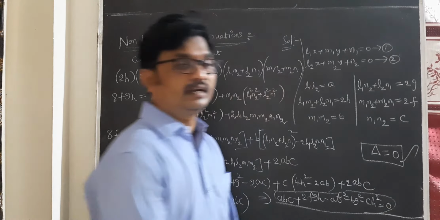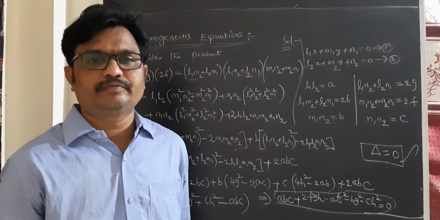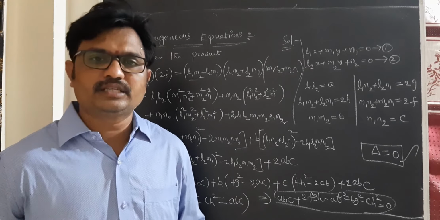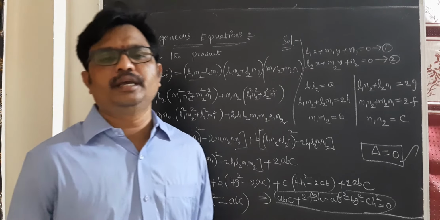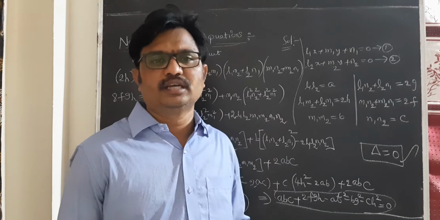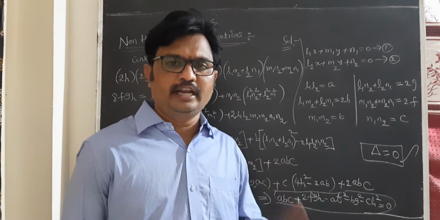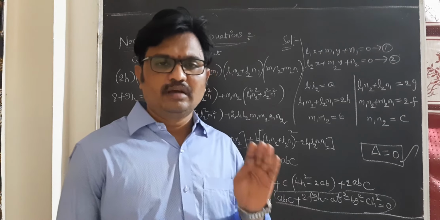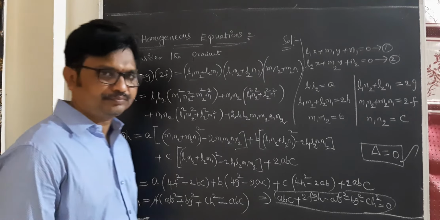This delta equal to 0 means abc plus 2fgh minus af square minus bg square minus ch square equal to 0. Okay students, the second degree non-homogeneous equation represents a pair of lines. Note this one.